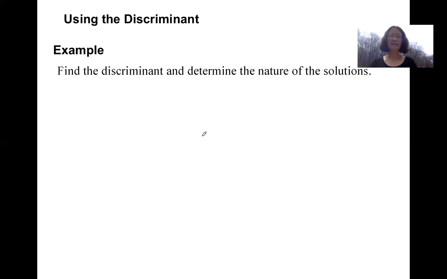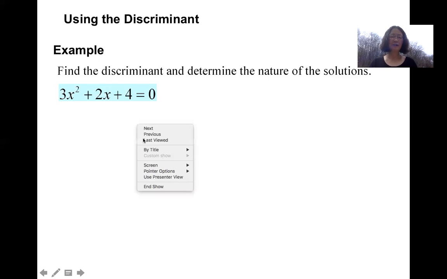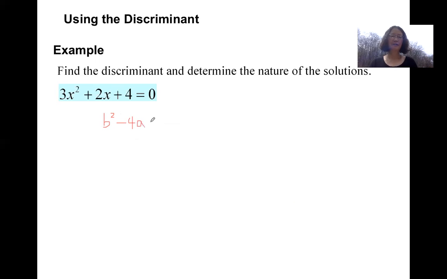So now let's take an example. Find the discriminant and determine the nature of solutions. This is a quadratic equation. The discriminant is b squared minus 4ac. In this quadratic equation, a equals 3, b equals 2, and c equals 4. You just plug in the numbers: 2 squared minus 4 multiplied by 3 and multiplied by 4.